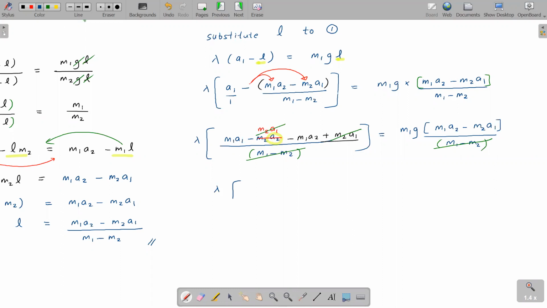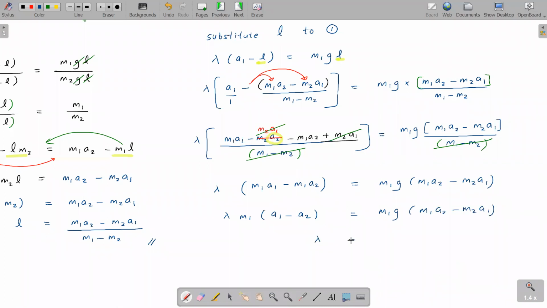So I get here lambda times (M1A1 minus M1A2). On the other side, I have M1G times (M1A2 minus M2A1). Be cautious here. I can take M1 out from this expression. When I take M1 out, I get lambda M1 times (A1 minus A2), and here M1G times (M1A2 minus M2A1).